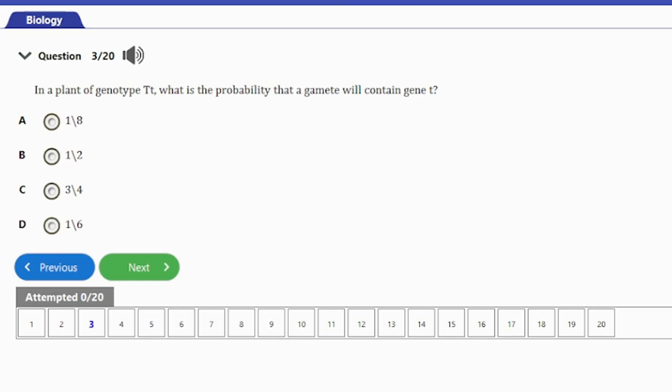Since this plant is heterozygous tall, it has both capital T and the small t. So it either donates the capital T, that's the T for tallness, or the t for dwarf. So the probability that a gamete will contain the t for dwarf is 1/2. That's the answer to this question.